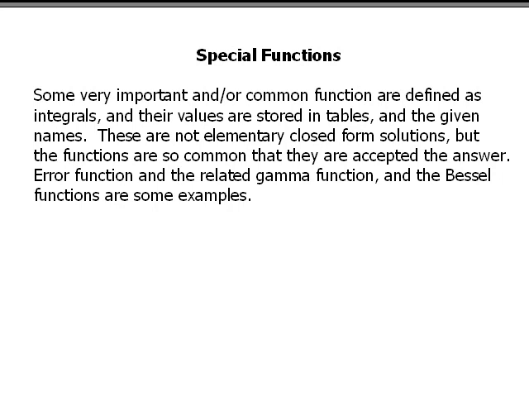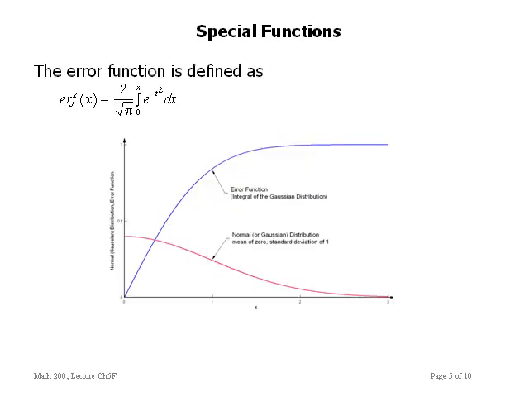Similarly, there are other functions such as the error function, gamma function, and Bessel functions. All these functions are just names for the values of these integrals. And their values are stored in tables, or now they're stored in calculators. It's as though they're creating a new transcendental function, but they do it because that integral appears so often. The error function is the most common example.